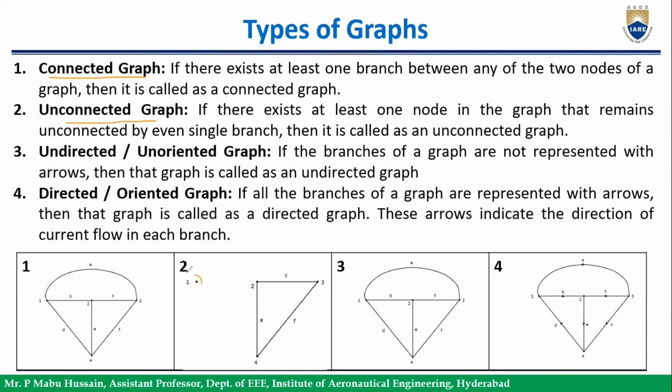If you see nodes 1 and 2, there is no element, so one node is not connected to any other node by any branch. Such graphs are called unconnected graphs. In an oriented graph, you have the direction of currents in all the branches, represented by arrows. But in an unoriented graph, those directions are not represented.